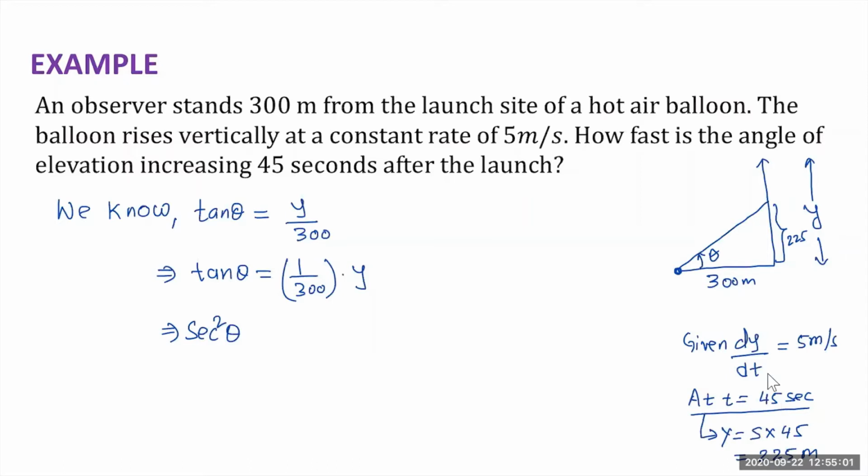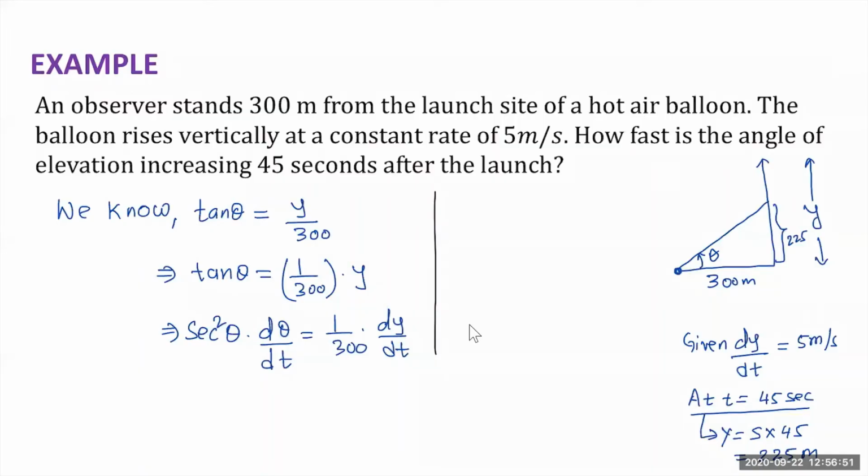So d theta over dt equals, on the other side, 1 over 300 is a constant multiple, so that will stay there, and the derivative of y with respect to t is dy over dt. We perform the implicit differentiation in this step.